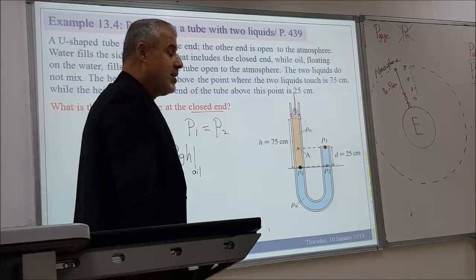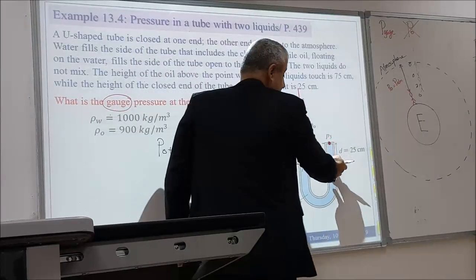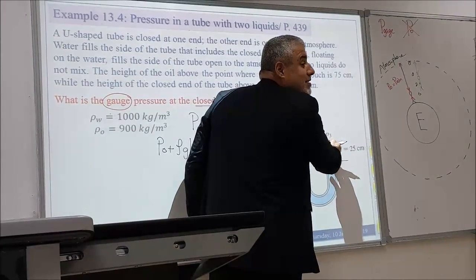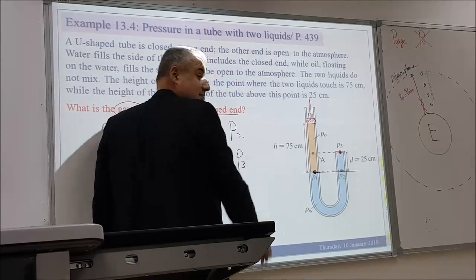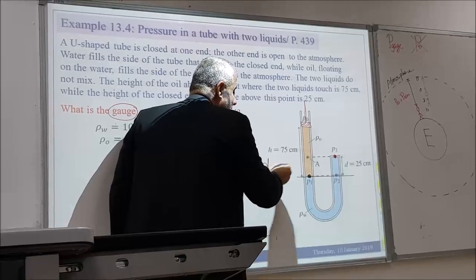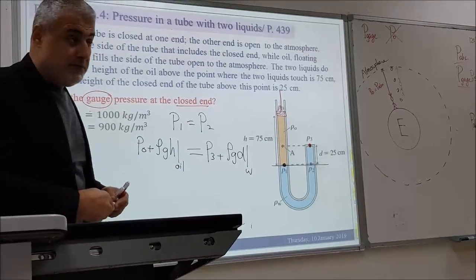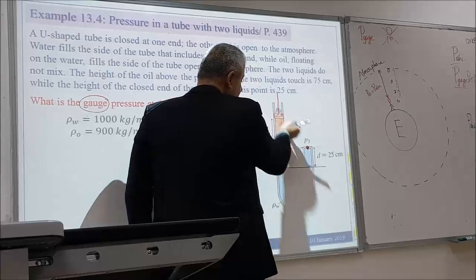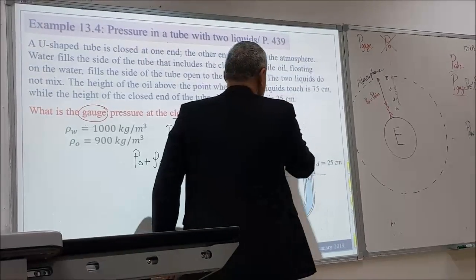Is that okay? Yes. Equals. And the other side, you don't have atmospheric. مسكر هذا. Water. صح؟ We have P3 موجود أصلا plus rho gh, I'll write D for this, for water. صح بارك الله فيك. This is simple. هذا إيش اللي فوقها وهذا إيش اللي فوقها. That's very simple thing. What do you do next?